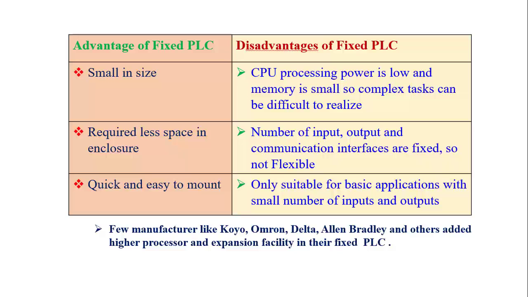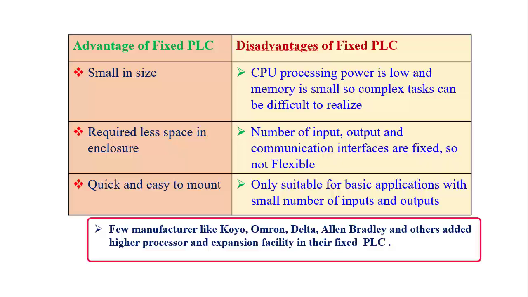The number of input, output and communication interfaces is fixed, so it is not flexible. These PLCs are only suitable for basic applications with a smaller number of inputs and outputs. It is to be noted that a few manufacturers like Koyo, Omron, Delta, Allen Bradley and others added higher processors and expansion facility in their fixed PLC.